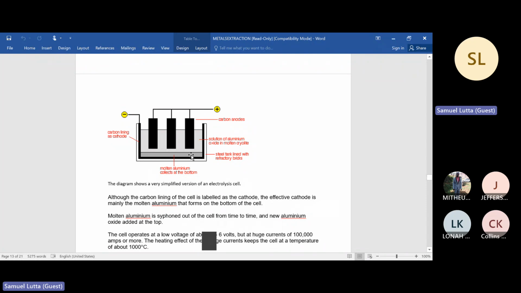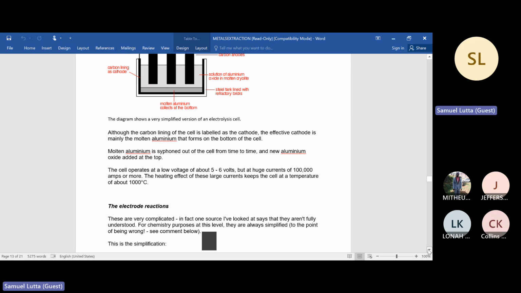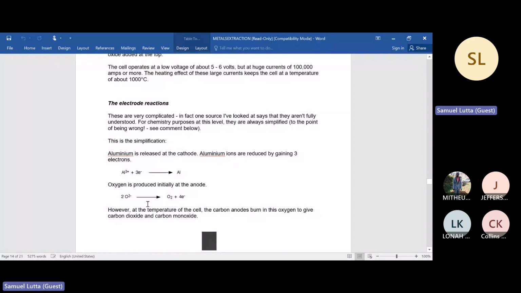So aluminum will get deposited on the surface, and then the oxide ion will go to the anode, where it will be oxidized to oxygen gas. You remove the 4 electrons, and in the process you generate oxygen gas.